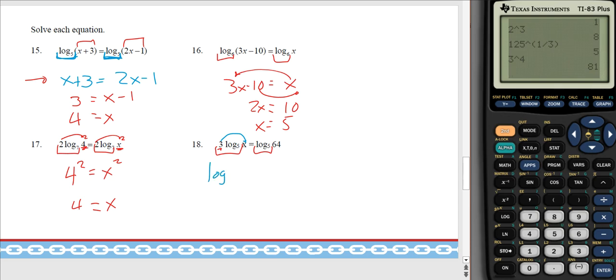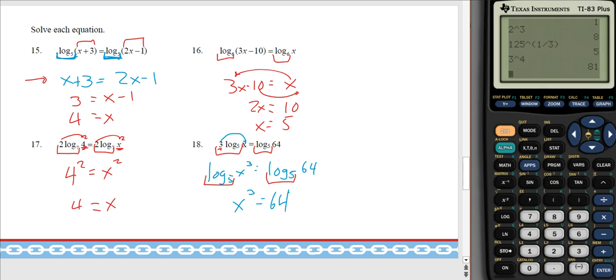So this would become log base 5 of x to the third equals log base 5 of 64. Right, now that they're both log base 5 on both of these, I can then bring down just the x to the third equals 64.